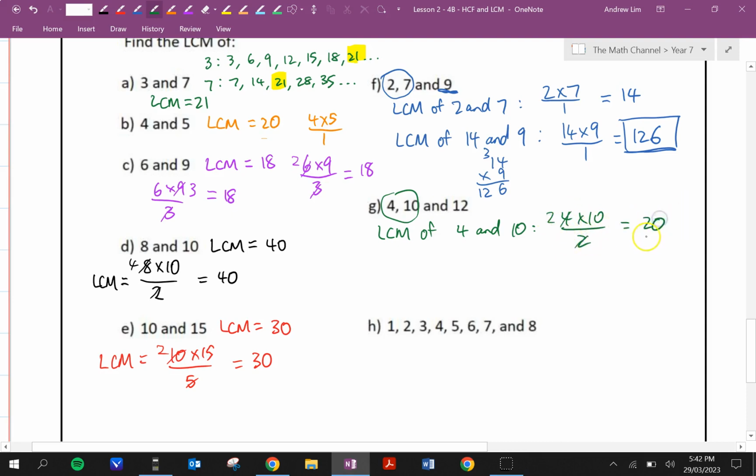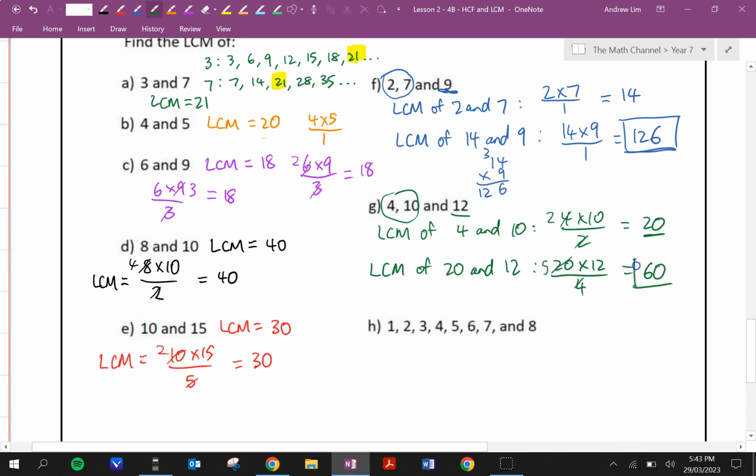So now I'm going to be using this number. The lowest common multiple of 20 and the last one, 12. Well, that's 20 times 12 divided by, what's the biggest number they're both divisible by? 4. 20 divided by 4 is 5. 5 times 12 is 60.